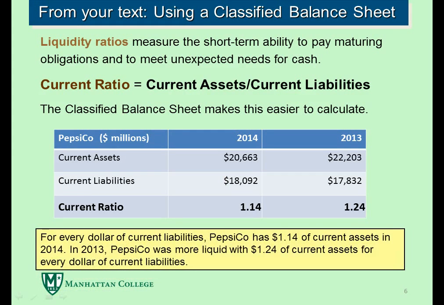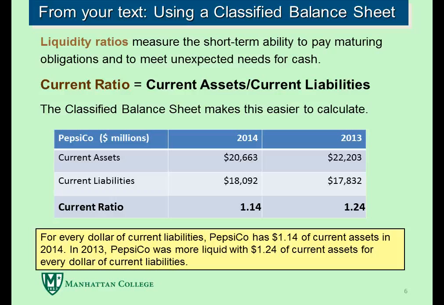For every dollar of current liabilities, PepsiCo had $1.14 in current assets in 2014. This is a good thing. It has more than enough assets to cover its obligations. We usually want to have a little more than one, but not too much more because current assets cost money. Keeping too much money in cash prevents us from investing it in more profitable uses.